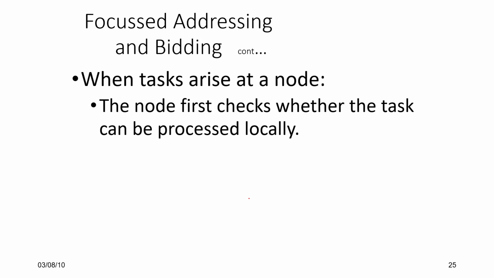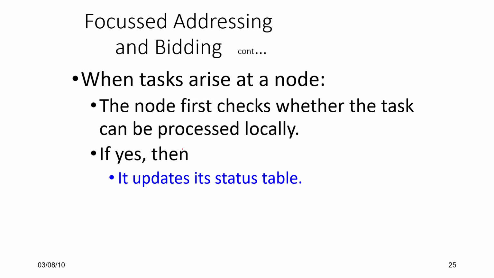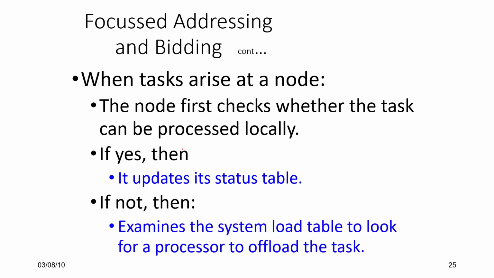So now the issue is that when new tasks arrive at a node, the node first checks if the task can be processed locally. If yes, then no problem, it just updates its status table. So mind you, its load will of course change. In an ideal setting, it should be broadcasting this information to others, but that may create too many messages.